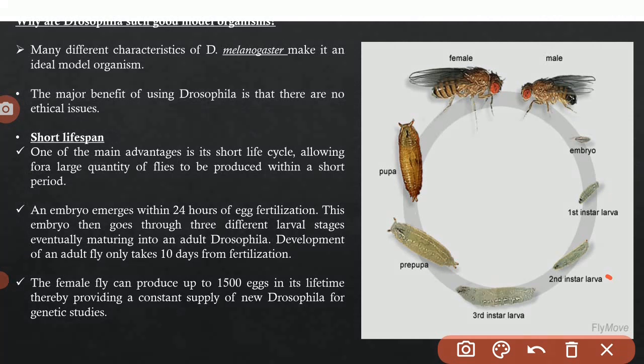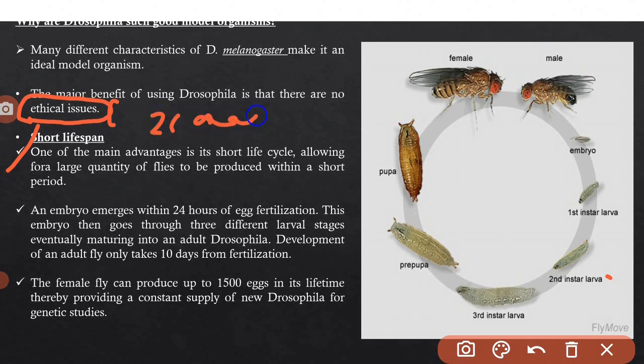But if a researcher or scientist uses a mammal like a chimpanzee, some ethical issues arise. So in the case of Drosophila, there are no ethical issues. The next thing is the short lifespan: it can complete its lifespan within 21 days.